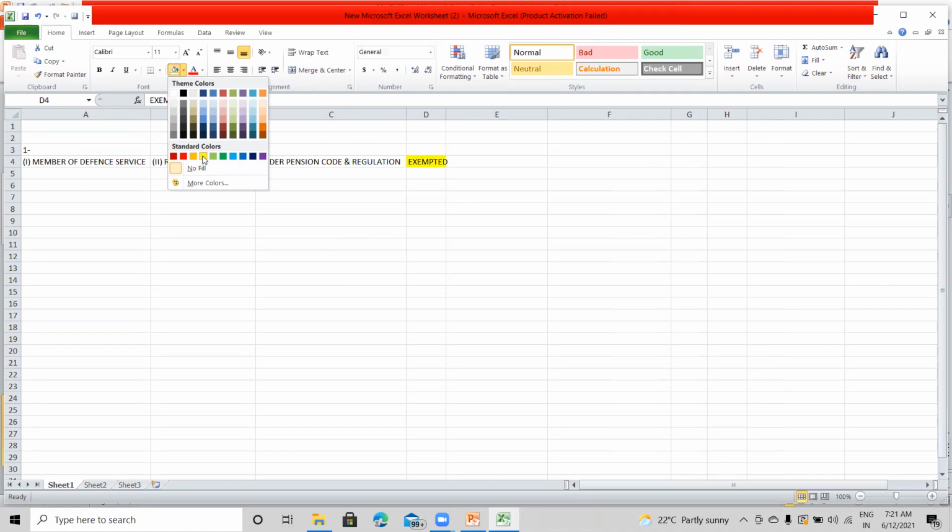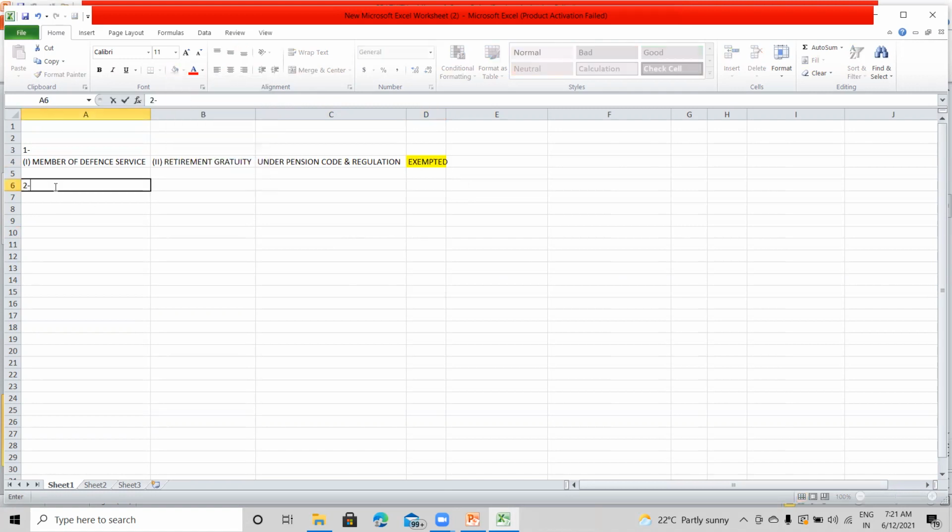And number 2, employee of central government, employee of local authority, and number 3 is employee of civil services.